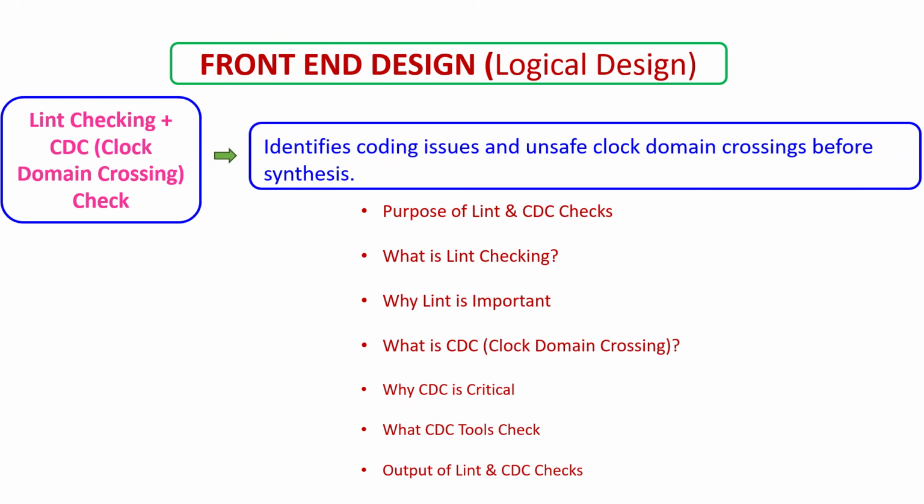The CDC tool checks missing synchronizers, unsafe data transfer, multi-bit signal crossing issues, RDC, and handshake protocol correctness. What are the outputs of this Lint and CDC check? Lint report with warnings and errors, CDC violation report, and it provides clean RTL ready for synthesis. Only clean reports allow the design to move forward.